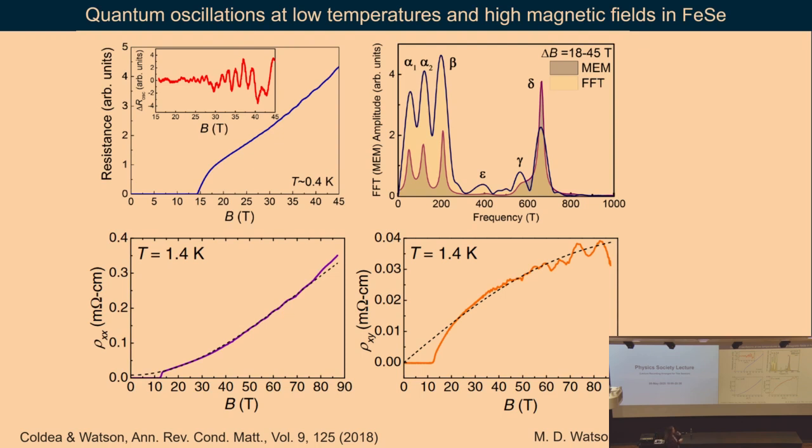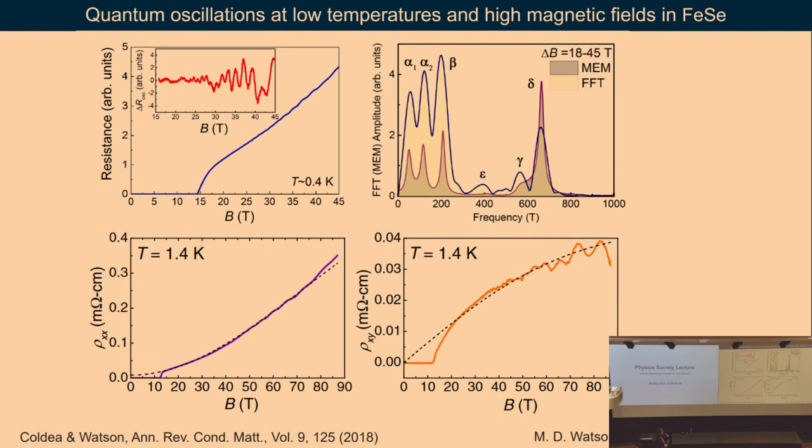One can subtract a background to be able to quantify the oscillations. Those oscillations will be periodic in 1/B, and we Fourier transform the signal, and those are exactly the cross-section areas of the Fermi surface of our material.